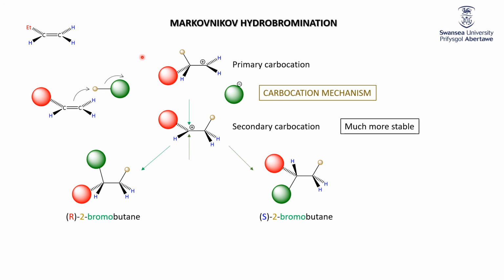Both have that regiospecific outcome in which the bromine goes onto the more substituted carbon, in this case carbon 2. But the bromine can attack the carbocation from the top or from the bottom, and if you end up with a chiral carbon once you've done that attack, you will get both enantiomers. You will make a racemic mixture.